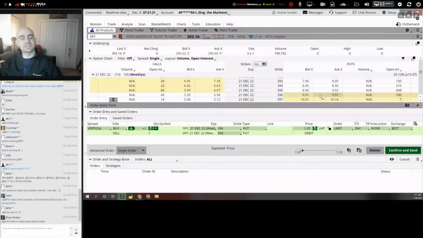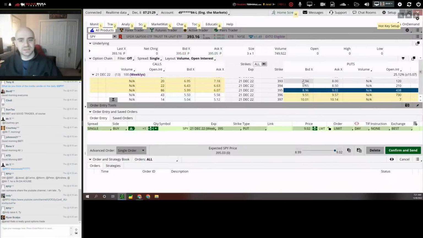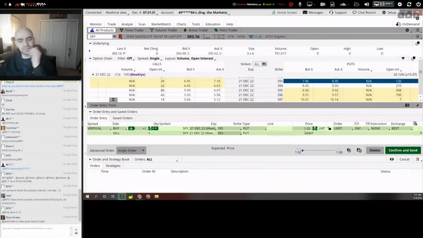And usually this is just when you need some sort of exposure to that direction, but you're not willing to pay or accept a high risk. You can kind of play around with these, usually trying to get the debit down to a little bit under $1 if you're going to take something like a $2 wide vertical.